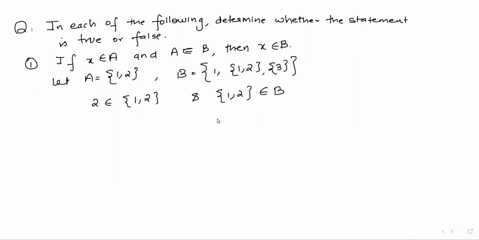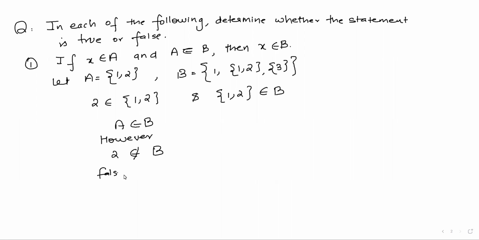Yes, sir, because we have this set in B. So can we say that A belongs to B? Yes, sir. However, 2 does not belong to B. Hence it is false.